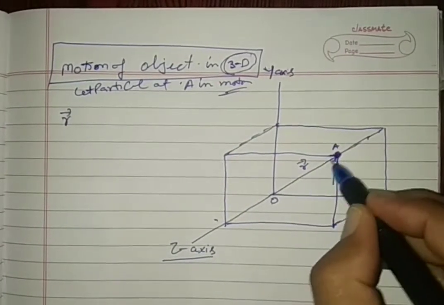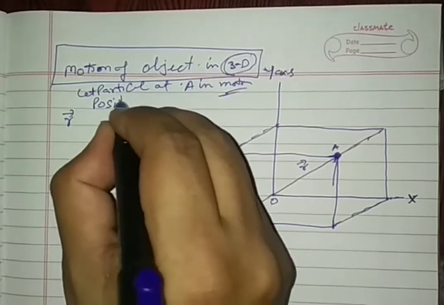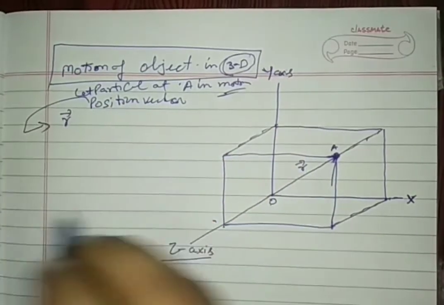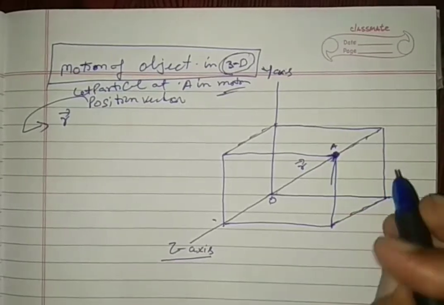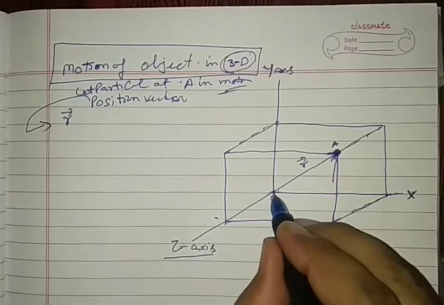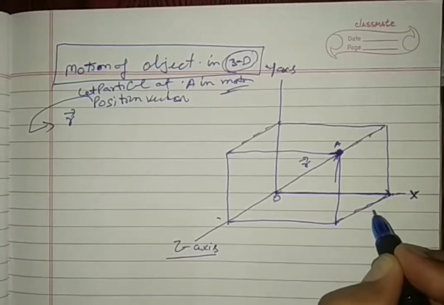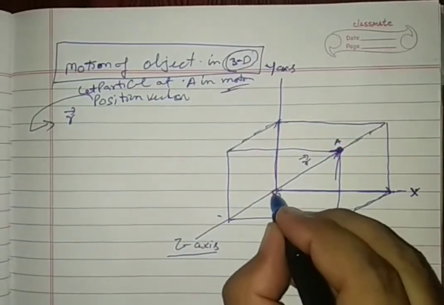The position vector we are selecting, position vector R, represents the position of point A along this O to A. It is a position vector R. Its component along the x-axis is this, the y-axis is this and the z-axis is this.